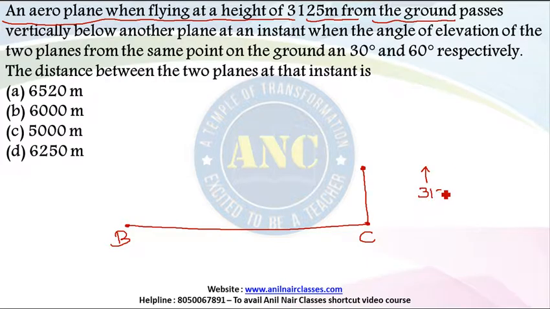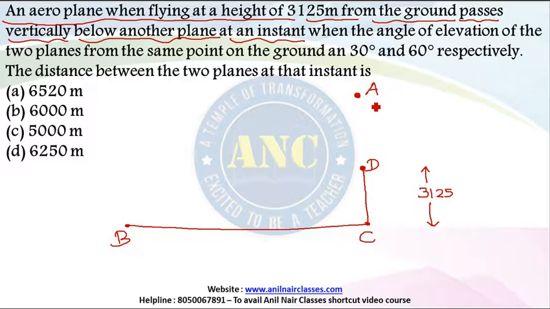According to the question, this value of DC is given as 3125 meters from the ground. This aeroplane D passes vertically below another plane at an instant. That means there is another plane exactly vertically above it at some particular instant.